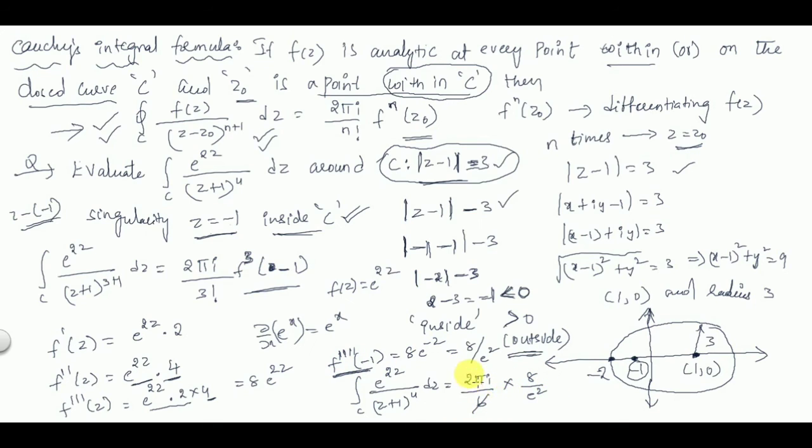So 2 ones are 2, 3 twos are 6, so it will be 8 pi i by 3 e square. So this is the answer and this is the value of the given integral. This is how we can apply Cauchy's integral formula in order to evaluate integrals.